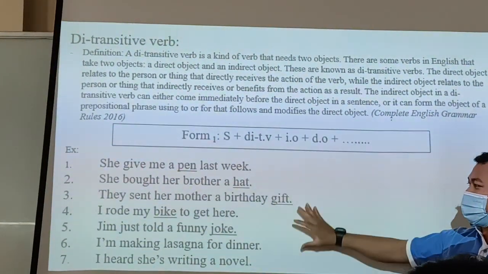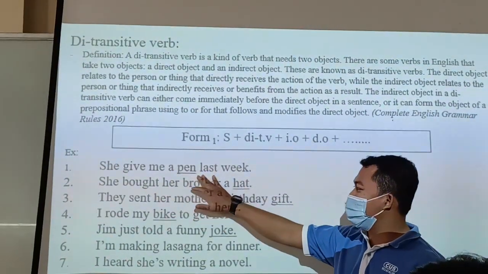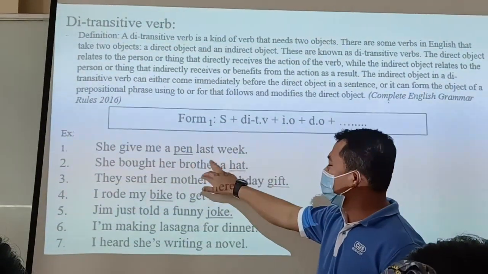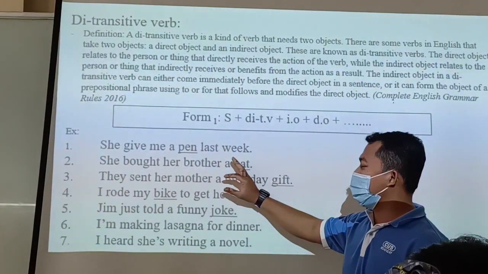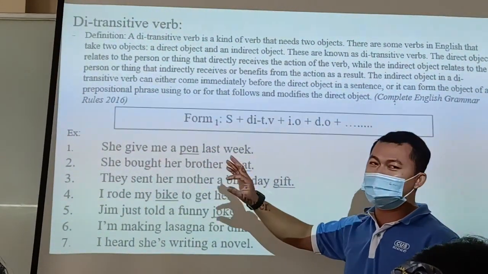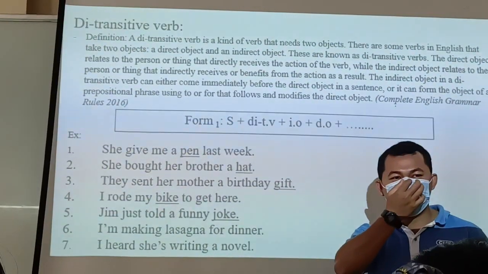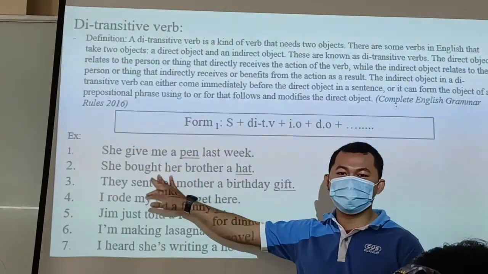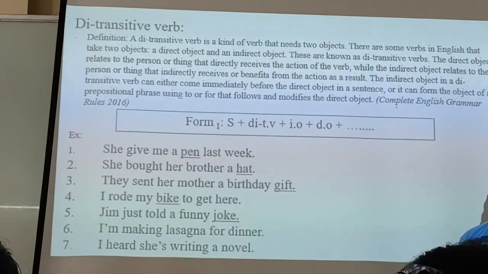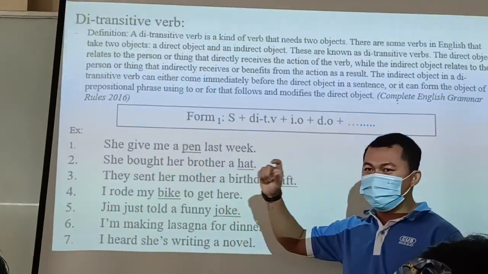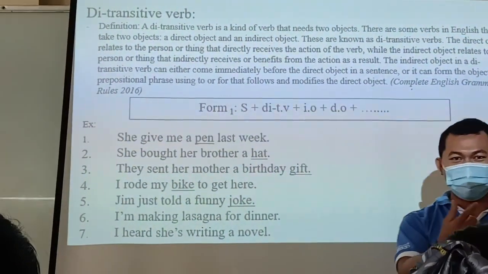Everyone, can you tell me there are two nouns in the sentence? Which one do you think is the direct object? Me? Really? A pen, actually, yeah. Pen is the direct object. So you give me a pen, you give a pen to me.